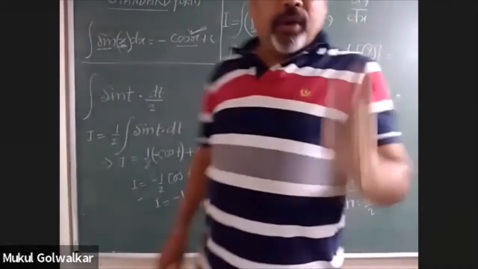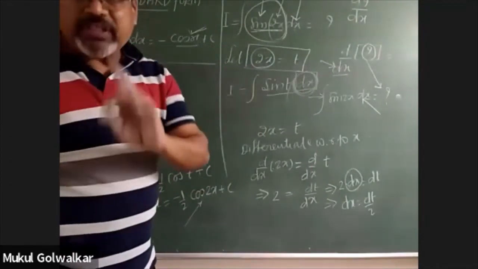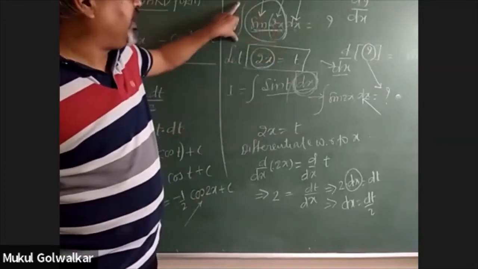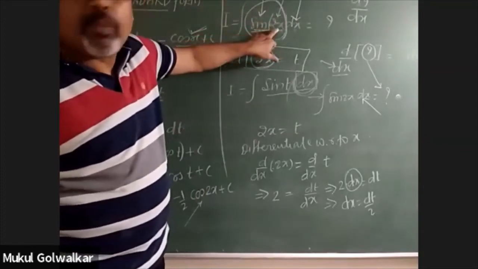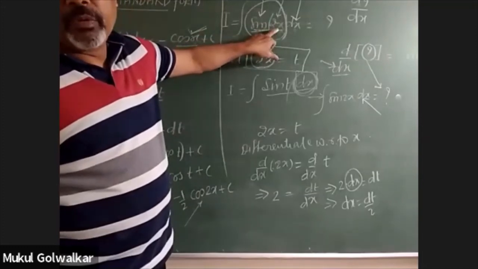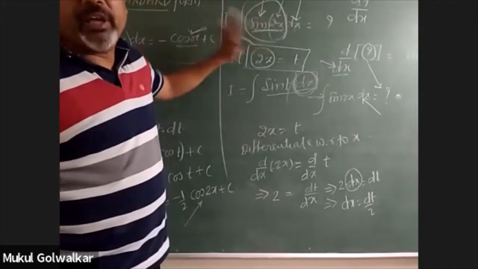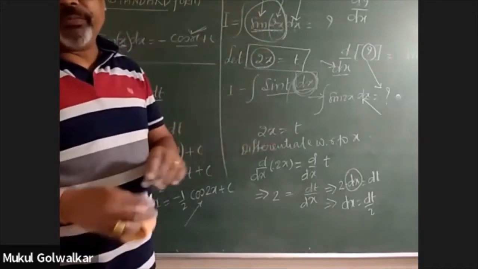For your memorization and understanding, I will always tell you that if we are given a function of a function to integrate, it is helpful to assume the innermost function is equal to t. Try to substitute the innermost function as t, and the substitution will work out.